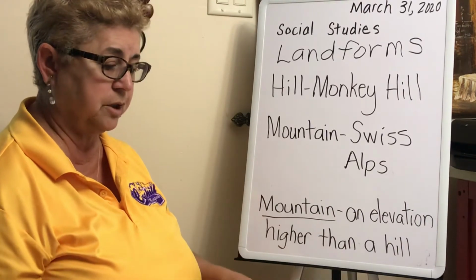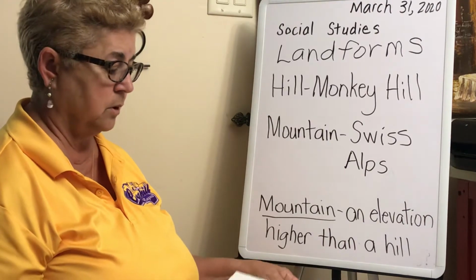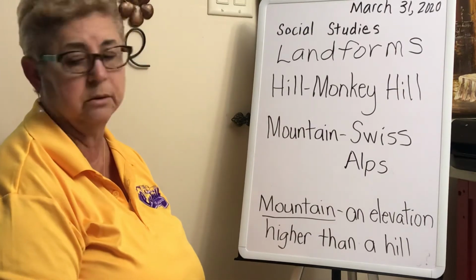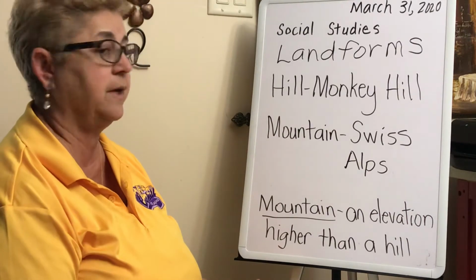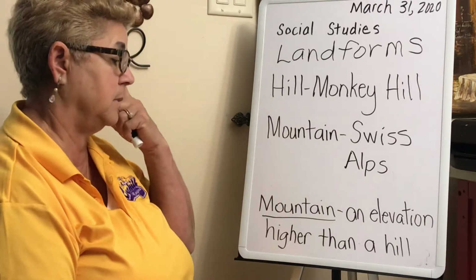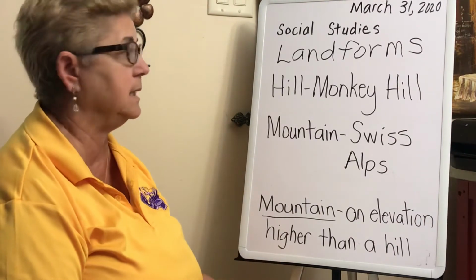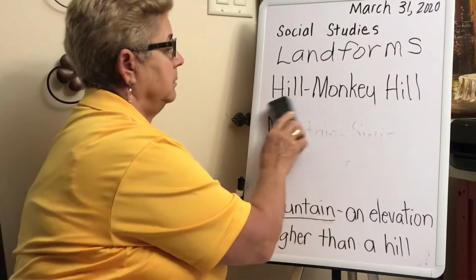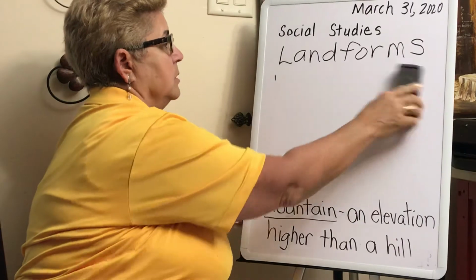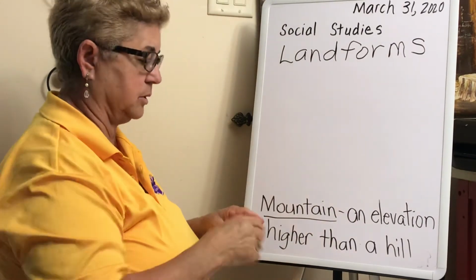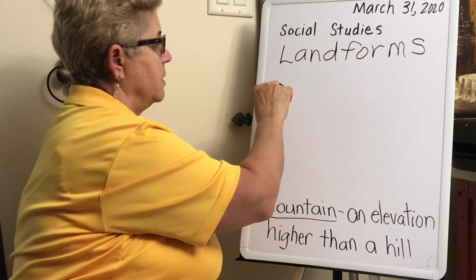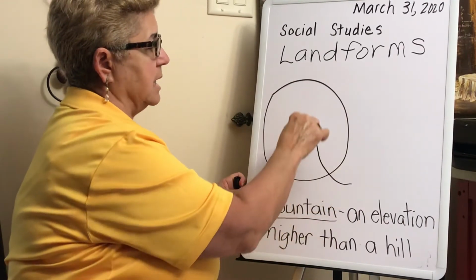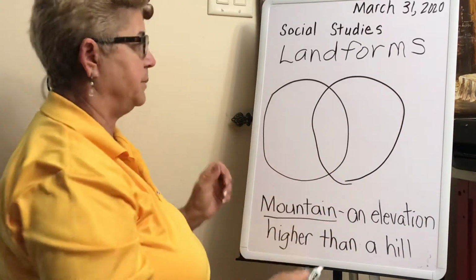So then on another sheet of paper, we're going to draw our Venn diagram. Now you want to draw it big enough so that you can write in it. So now imagine this is my sheet of paper. So what we do is we draw a big circle on this side, and then our circle on this side overlaps.